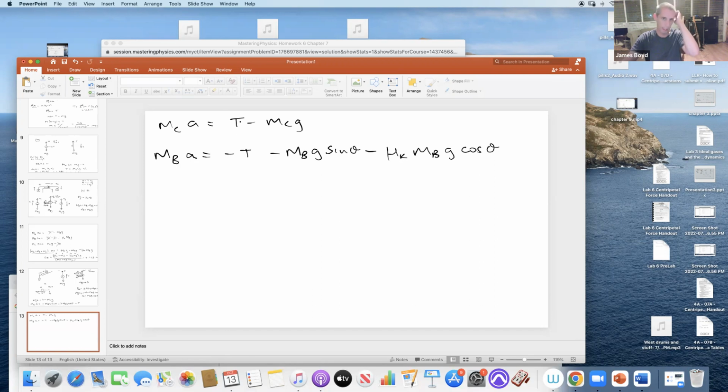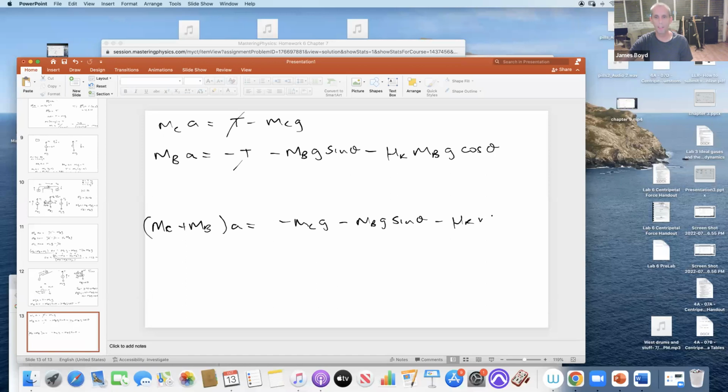Now, adding these things together, the T's will go away, and what we get is that (m_c plus m_b) a is negative m_c g minus m_b g sine theta minus mu_k m_b g cos theta. Divide both sides by m_c plus m_b, and we get the acceleration.